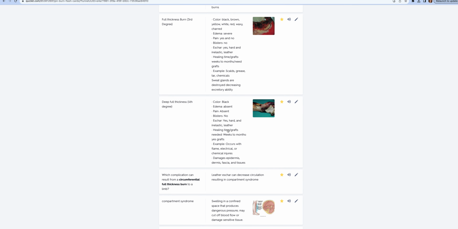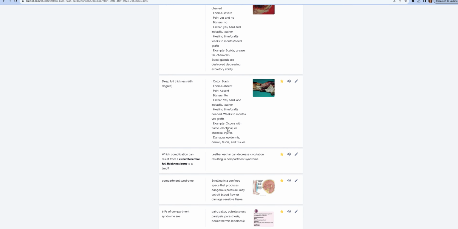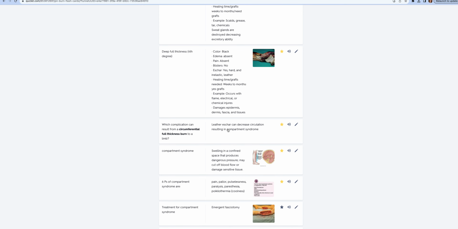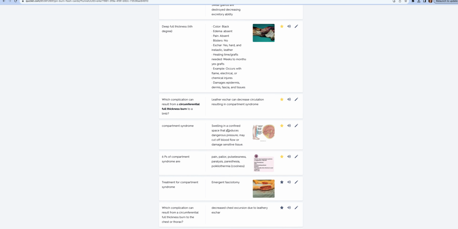Which complication can result from a circumferential full thickness burn to a limb? Compartment syndrome, because the leather gets really hard and it's inelastic. So make sure you know the signs and symptoms of compartment syndrome. You learn them in Med Surg 1. Remember, the hallmark sign is pain despite getting opioids, and then check for your 6 Ps.